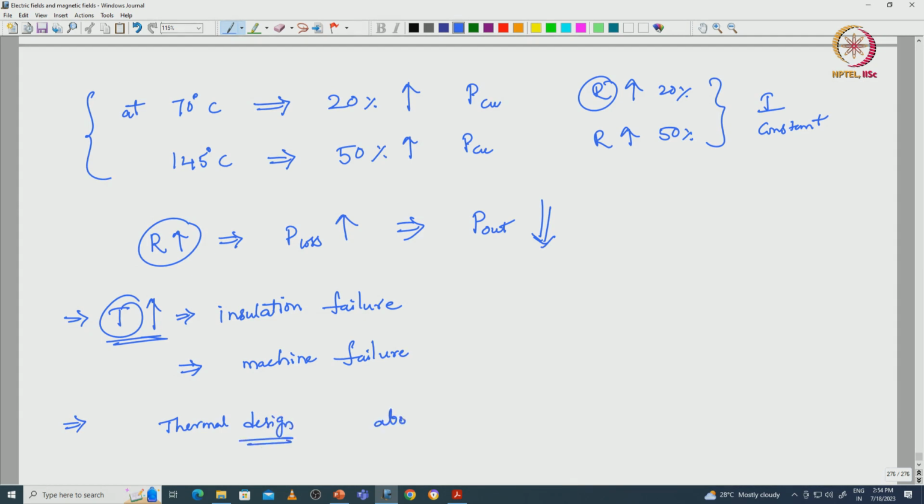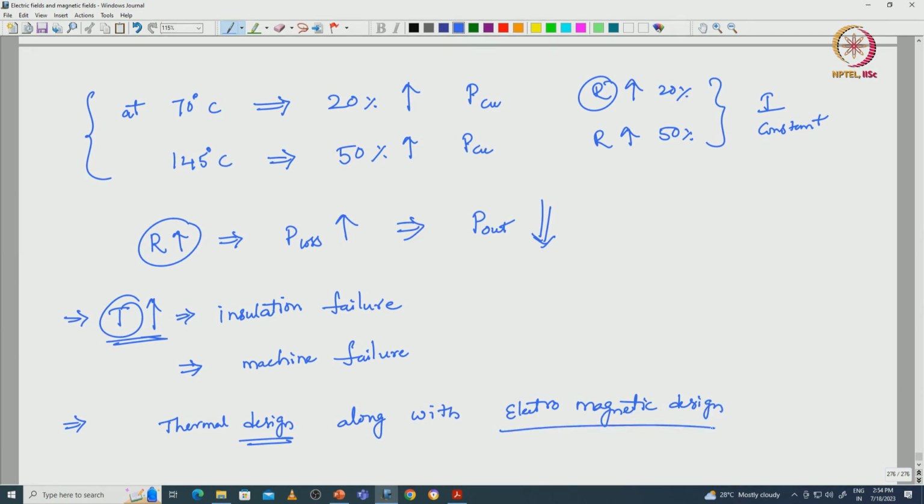Along with the electromagnetic design, both are important.